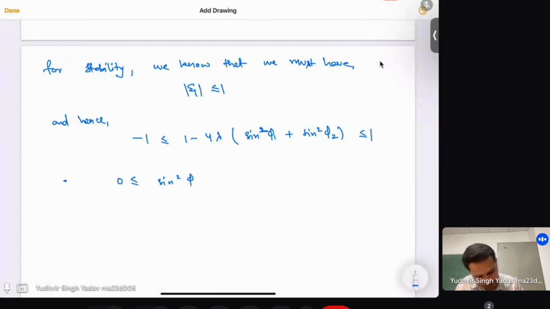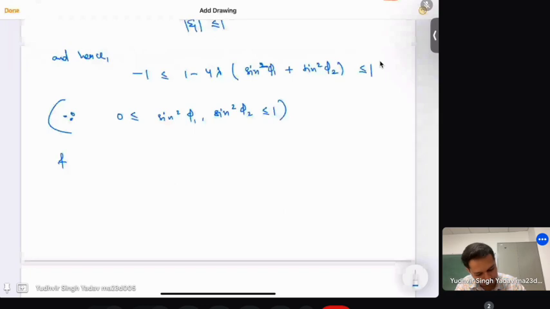Since we already know that sine square theta is always between 0 and 1, we have sine square of phi 1 and sine square of phi 2 between 0 and 1 always.